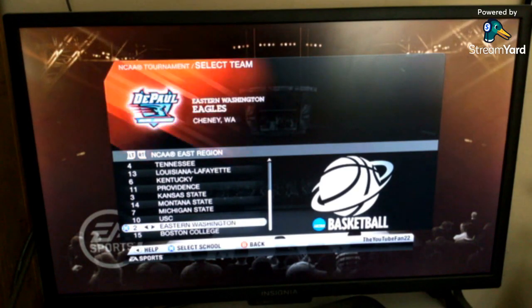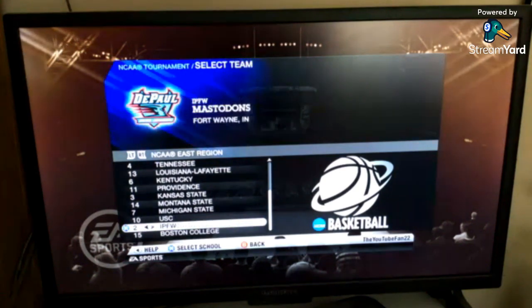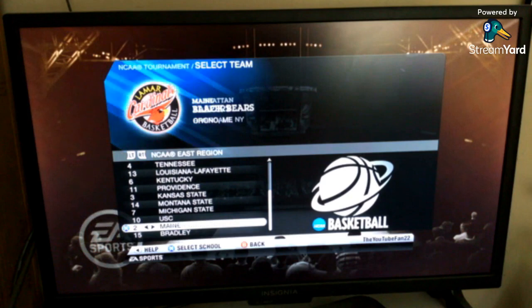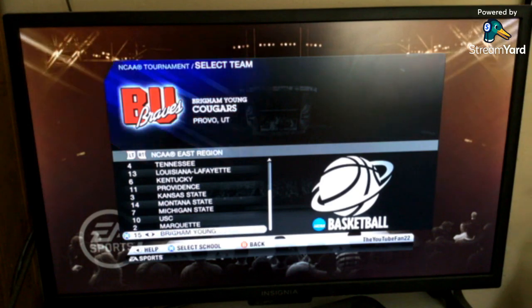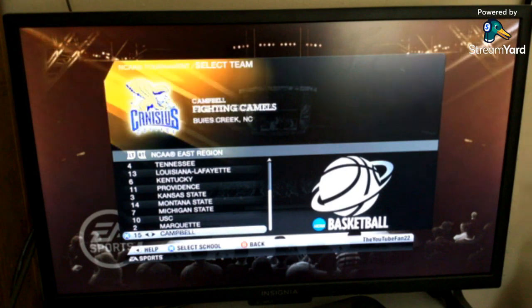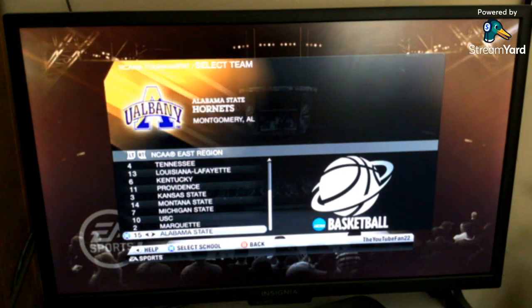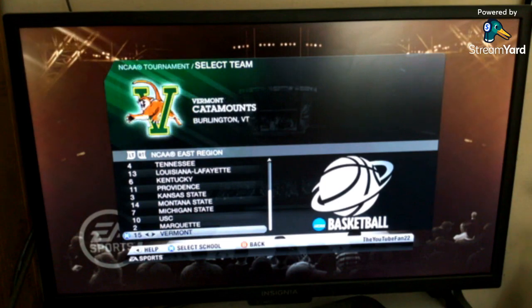I'm sorry. I thought I was going the wrong direction. No, I was going the right direction. At number 15, and the final seed for this region, Vermont. And now that is it for the East region.